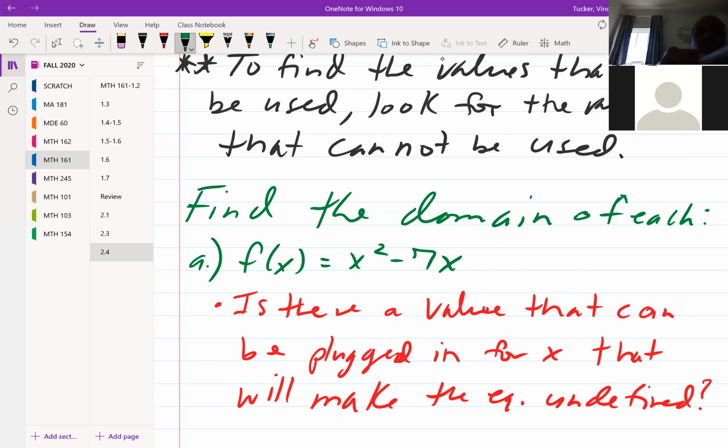So if I had g of x is equal to 2 over x minus 5, ask ourselves that same question.